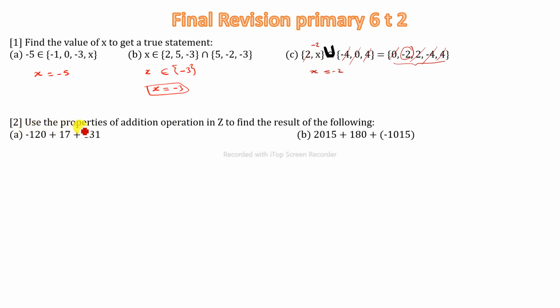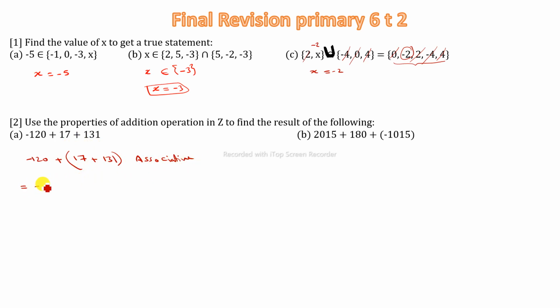Question number 2: use the properties of addition operation in Z to find the result of the following. Letter A, the commutative and associative and the things we took before. Here, letter A: negative 120 plus 17 plus 131. These are positive, so we take them together, and we did the associative property.